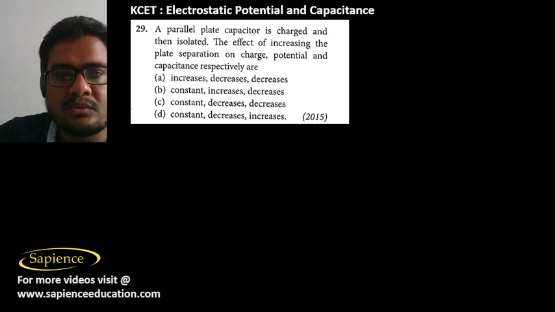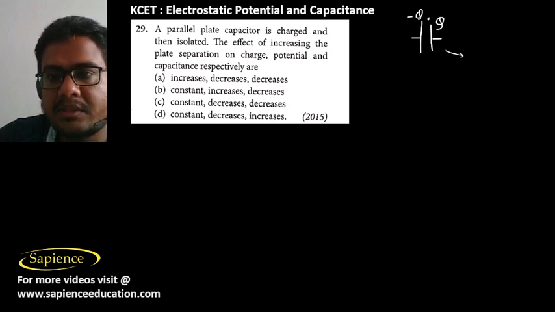So here in question number 29, it is told a parallel plate capacitor is charged and then isolated. One parallel plate capacitor is there. It is given some charge Q, and then it is isolated. Since it is isolated, its charge will not go out to the surrounding. It means that its charge will remain conserved according to the law of conservation of charge.